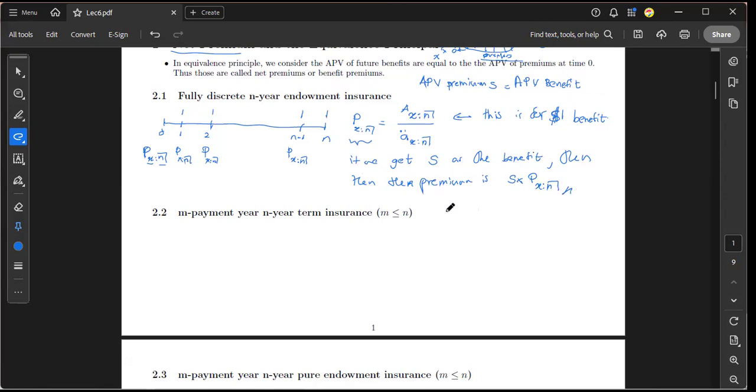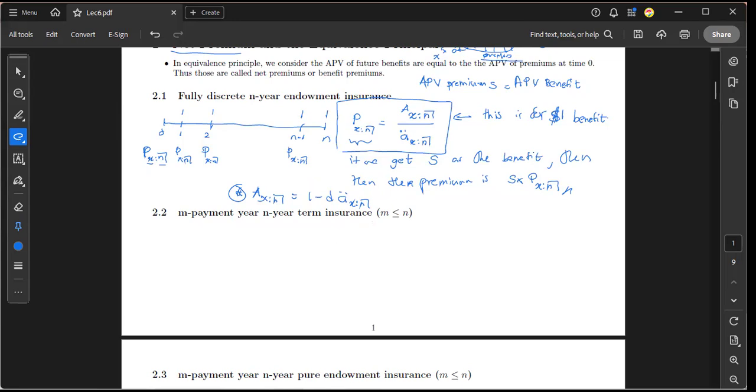So that's how we get it. And also, we know this relationship, so you can use this and calculate this anytime. And as I saw in the previous example, we can calculate these things using the standard life table if the interest rate is 5%. So that's how we can calculate the premium for a fully discrete n-year endowment insurance.